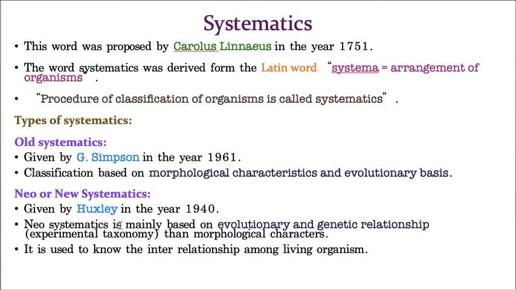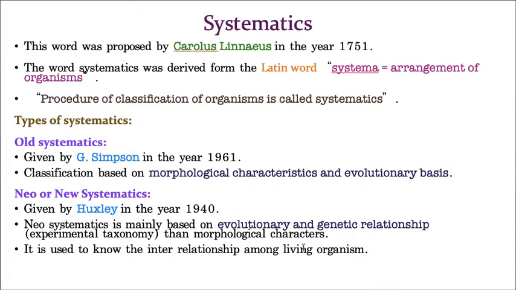Neo-systematics is based on evolutionary and genetic relationship more than the morphological characters. That means here more priority is given to evolutionary and genetic relationship, but less priority is given to morphological characters. The external characters are kept aside a little, and the focus is more on evolutionary and genetic relationship.